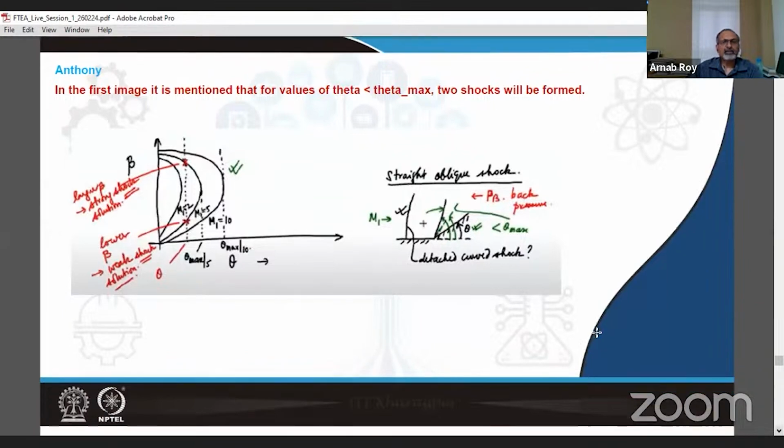Another question from Anthony regarding shock waves, oblique shock waves. So he has talked about this image where we tried sketching the theta beta M relation for different Mach numbers, and we explained that the envelope becomes wider and wider as the Mach number increases. So this is the direction of Mach number increase.